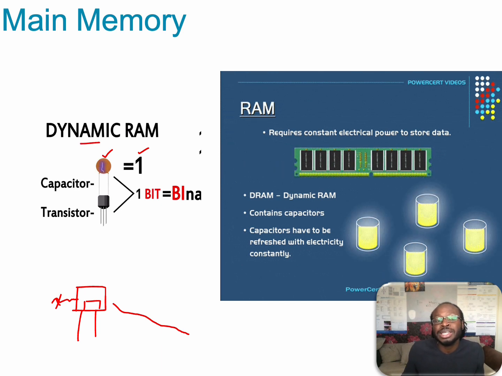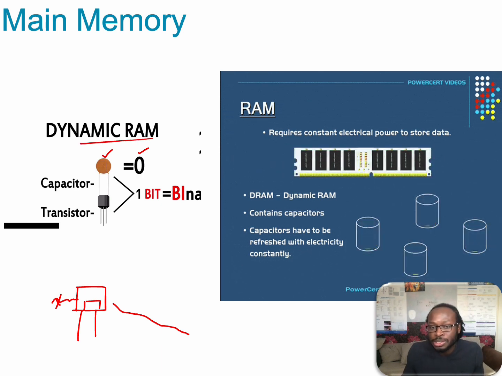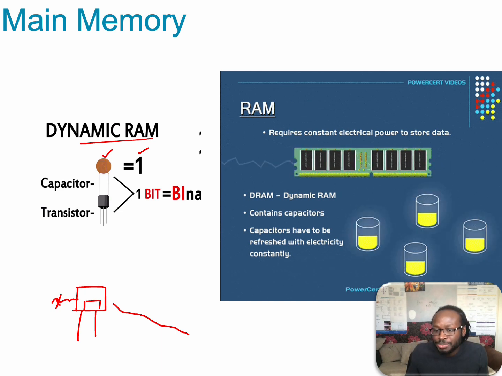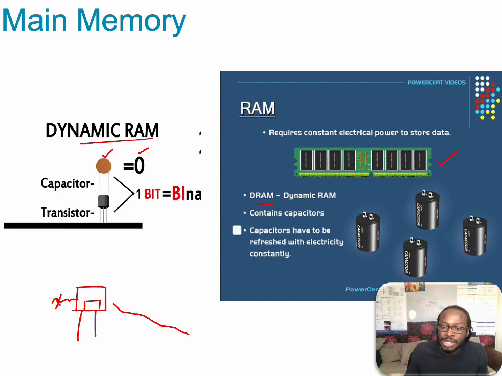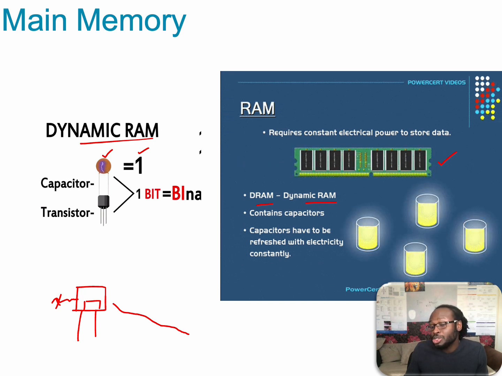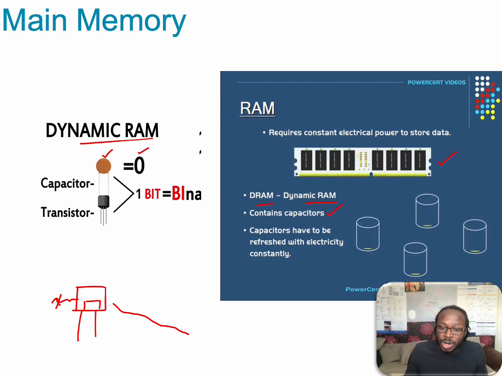And normally that's how dynamic RAM, or DRAM, works. Here you see it being charged and discharged, and a typical example of a memory. DRAM stands for dynamic RAM, and it makes use of these capacitors to store its information.